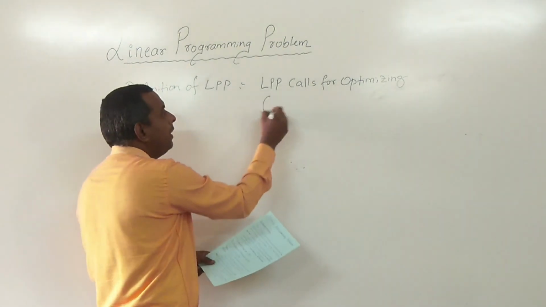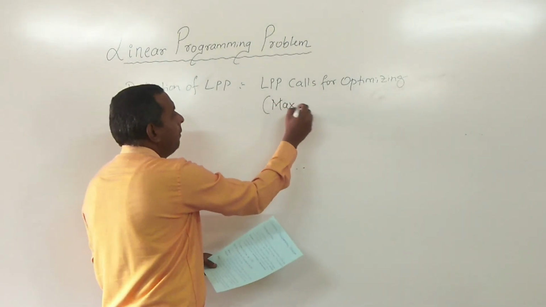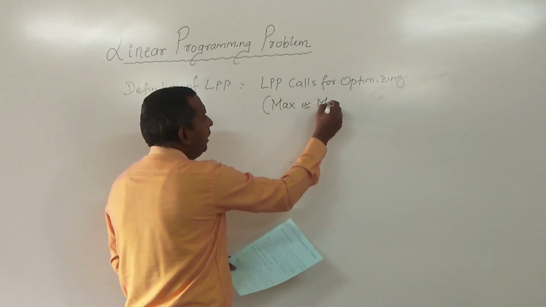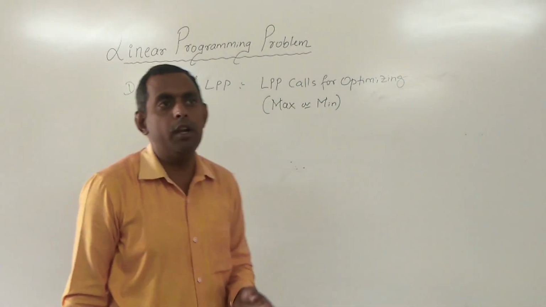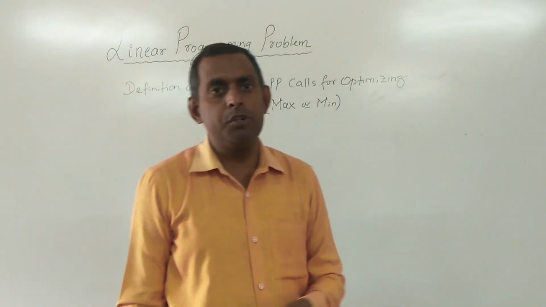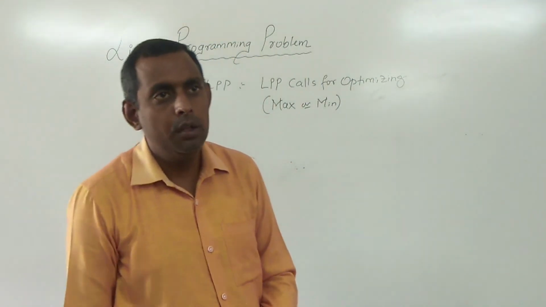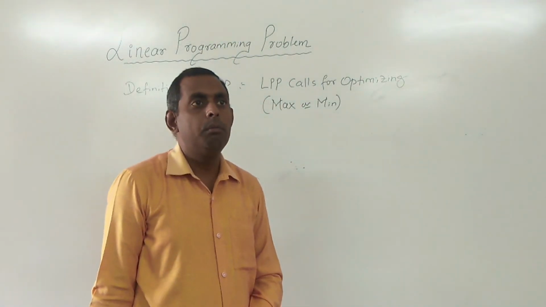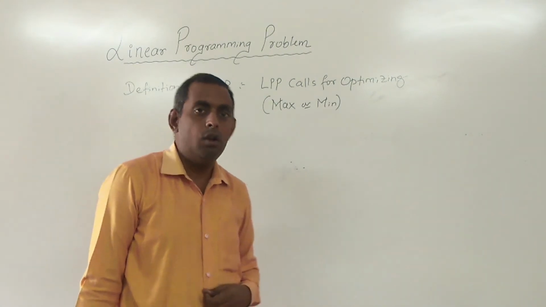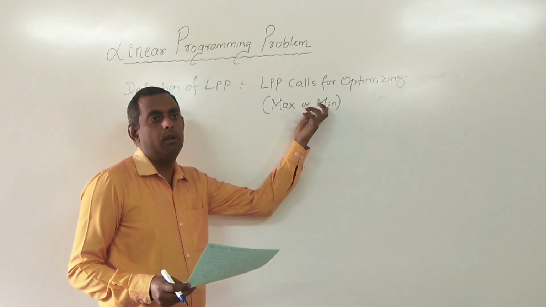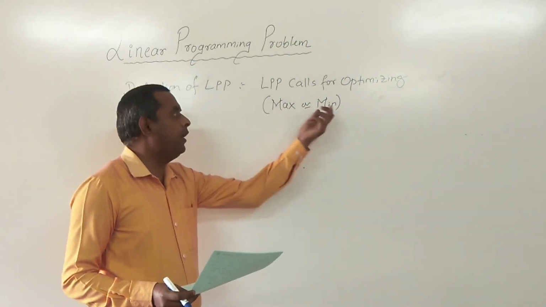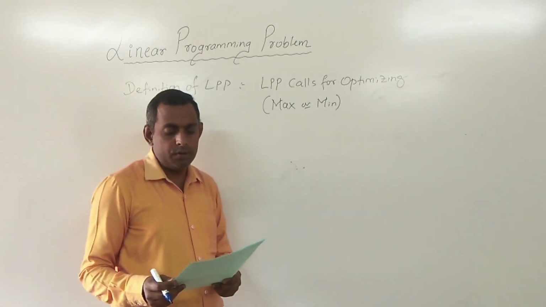What we need to optimize? It may be maximum or minimum. Fine. As in the theory we have learnt what is maximum and what is minimum. Maximum may be the profit, minimum is the loss. Maximum should be the profit, minimum should be the loss.